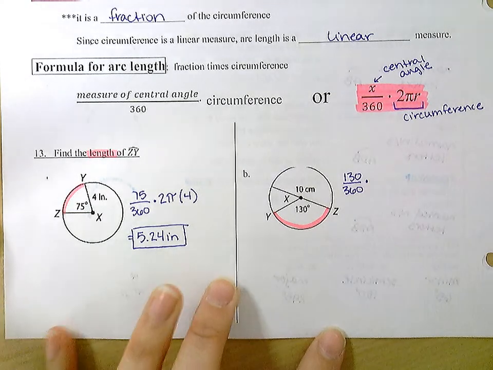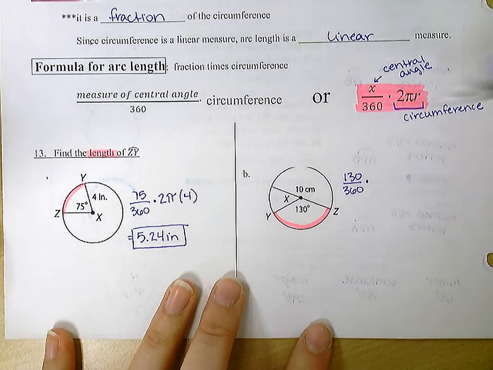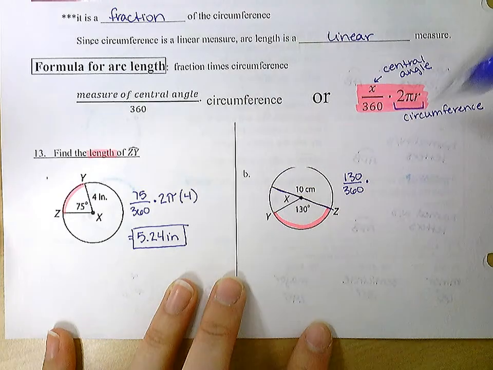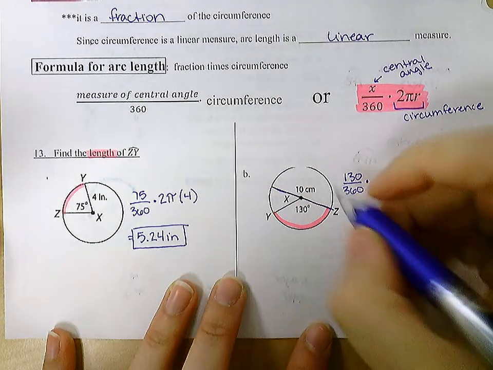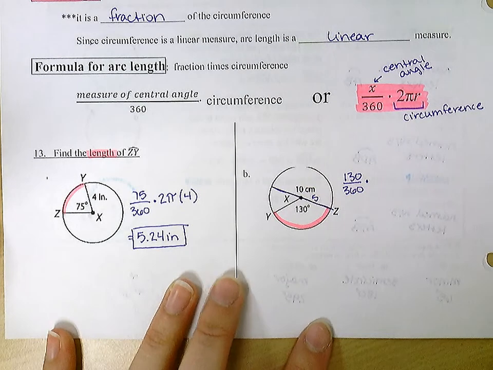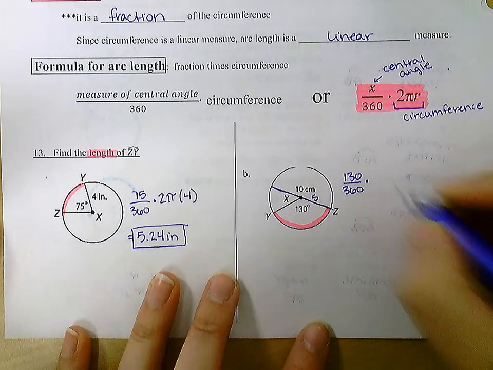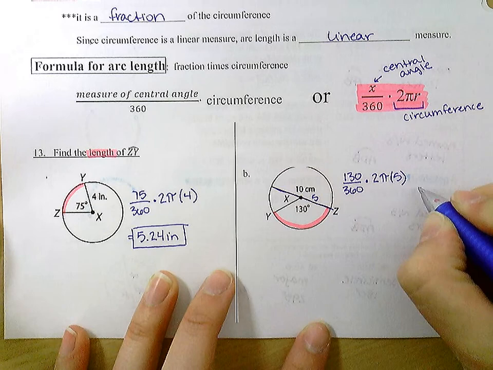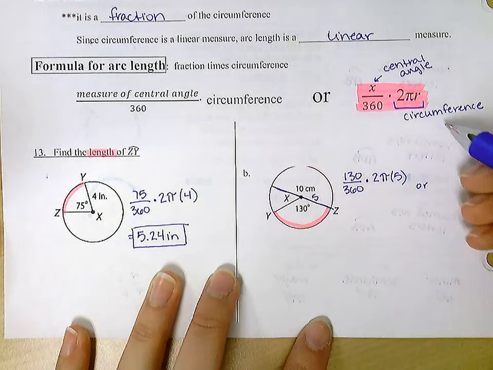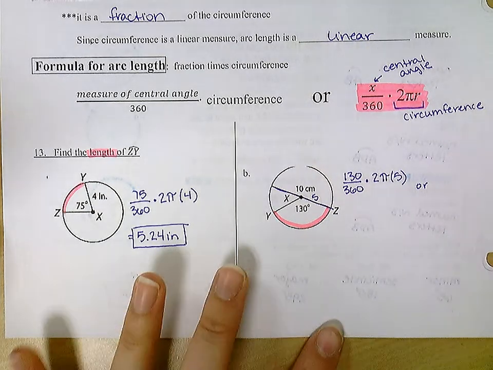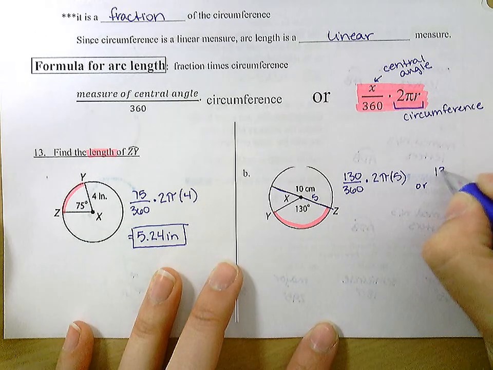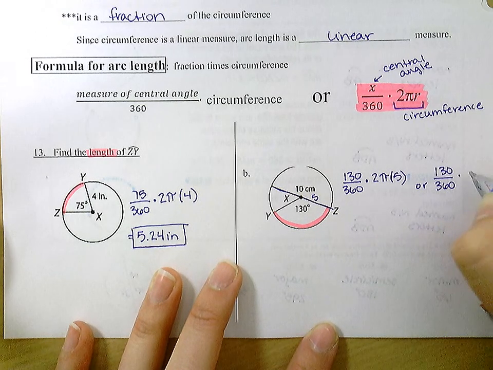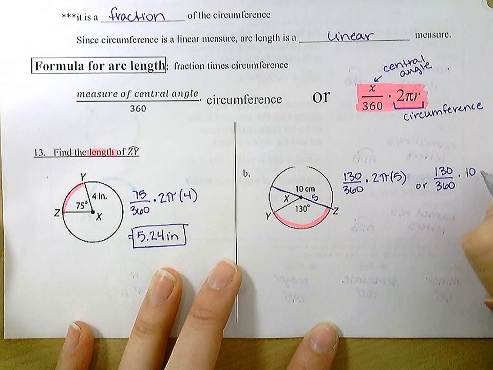Then we're multiplying by the circumference. In this one, the diameter is 10, so if you want to use 2 pi r, your radius would be 5. So I would multiply by 2 pi times 5. Or if you realize circumference is also pi times diameter, you could write it as 130 over 360 times 10 pi.